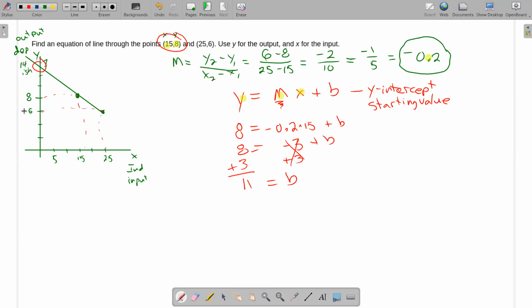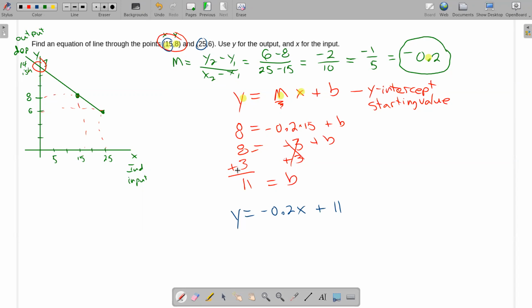Okay, so something's wrong in my picture there, or something's wrong in my calculation. What could it be? Well, let's troubleshoot some more. I think the equation at this point is y equals negative 0.2x plus 11. If that's true, I should be able to plug in this x value and that y value, and I should get the corresponding y value back.